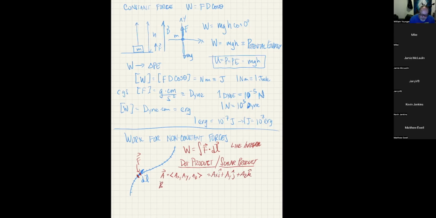Similarly, we can write B is equal to less than BX, BY, BZ greater than. That's equal to BX i hat plus BY j hat plus BZ k hat.